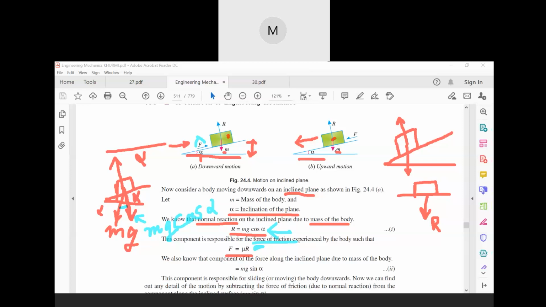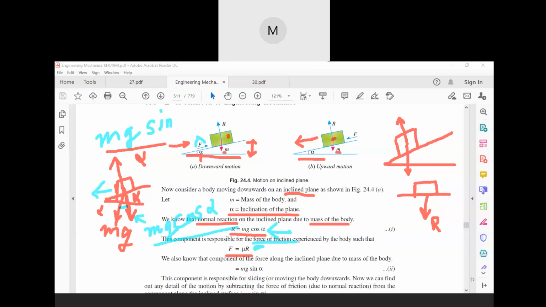Now look, this mg part, due to gravitational force on the body. If this side is cos theta, then here there will be another component, which is mg sin theta, or maybe mg sin alpha.